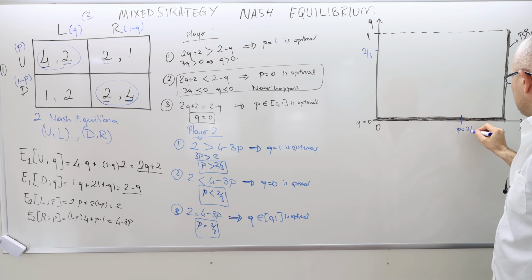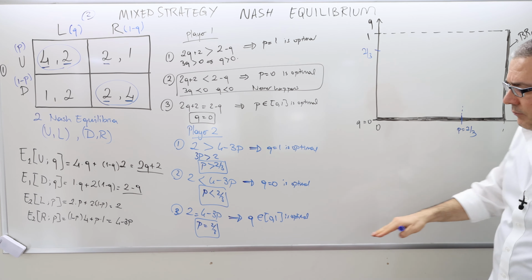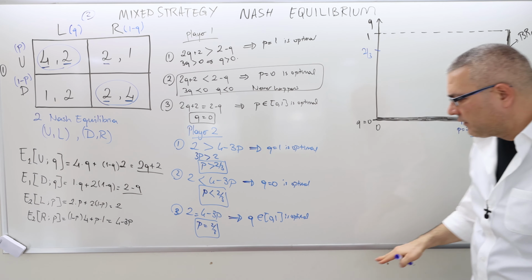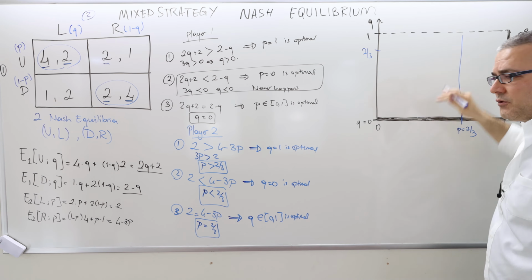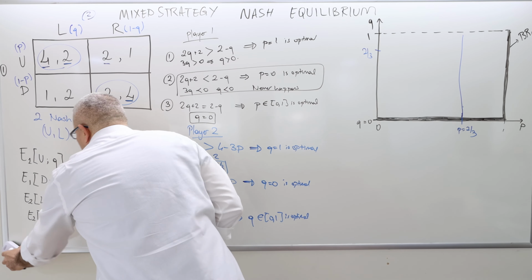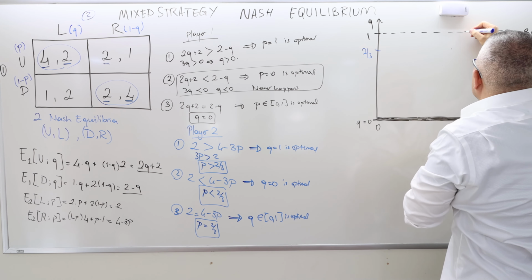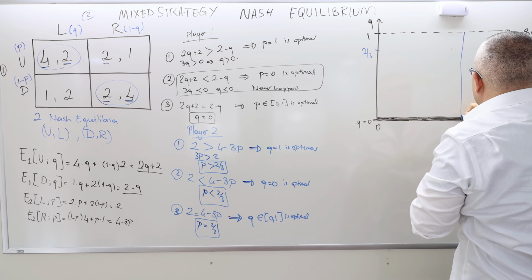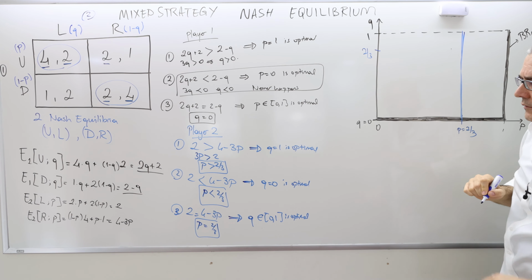When P is exactly equal to 2/3, any Q is a best response. So any Q between 0 and 1, again, this is a straight line, is the best response.